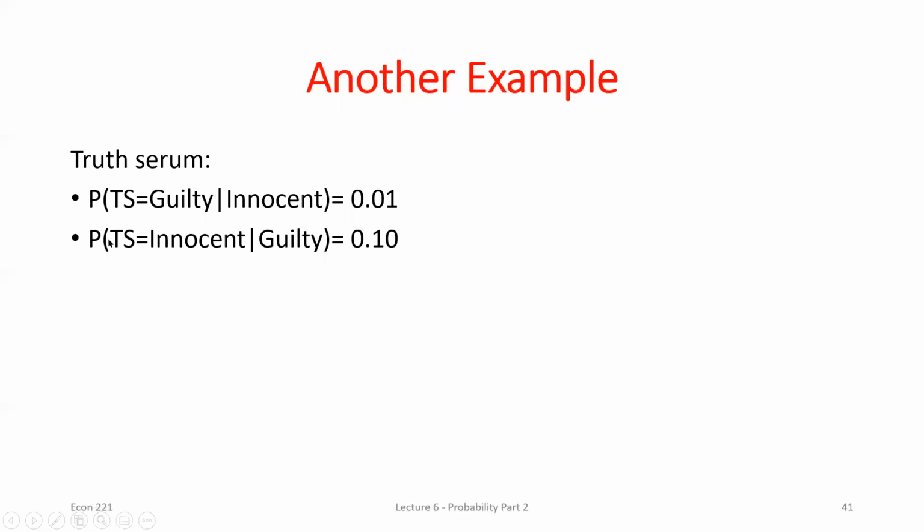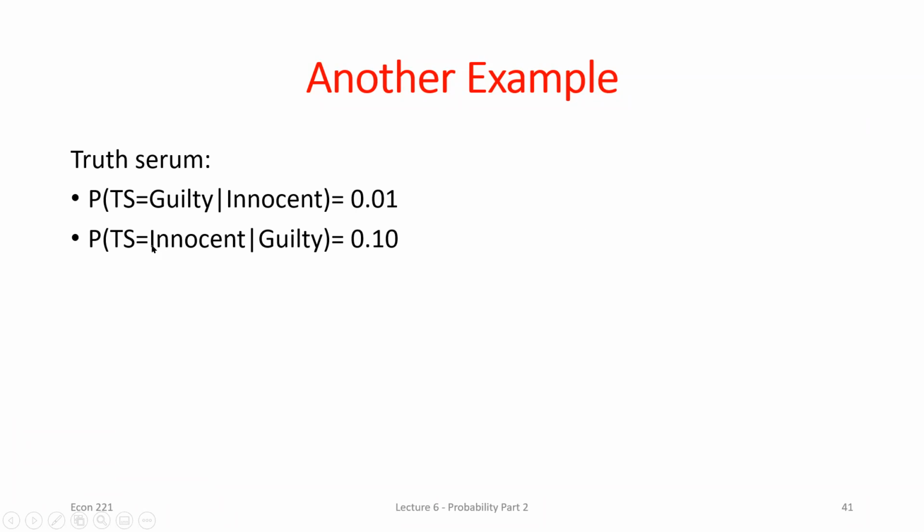However, for guilty people, the truth serum doesn't work, and they say they're innocent 10% of the time. That also means that if someone is guilty, the probability the truth serum makes them say they're guilty, correctly getting criminals to confess, is 90% of the time, right?